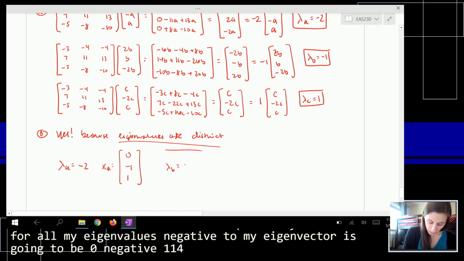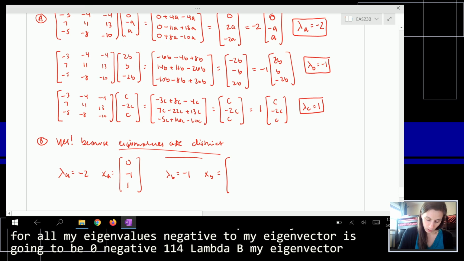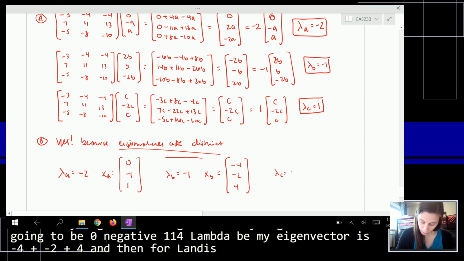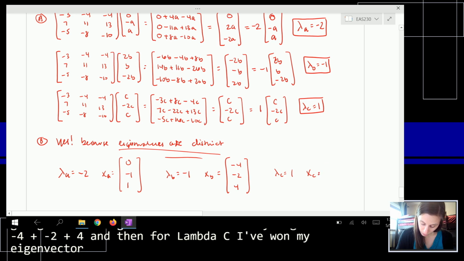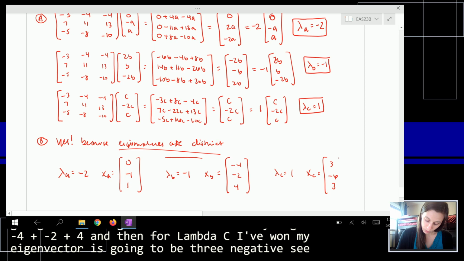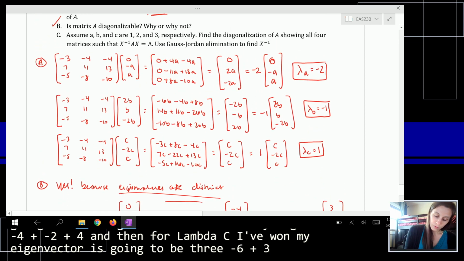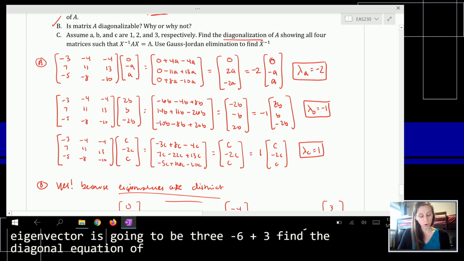For lambda B, my eigenvector is -4, -2, and 4. And then for lambda C of 1, my eigenvector is going to be 3, -6, and 3. Find the diagonalization of A, showing all 4 matrices.